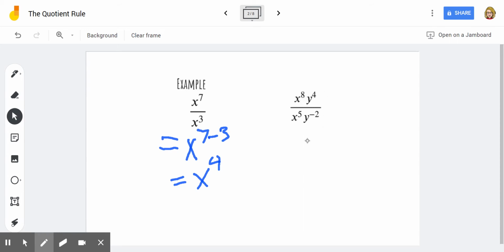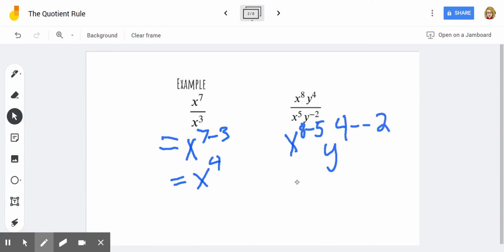Okay, let's do this example on the right. So we have two different variables, x and y, and so we can subtract the ones that have the same base. So we can subtract the x's. So we have x to the 8th minus 5 for our x's, and our y's are going to be 4 minus a negative 2.